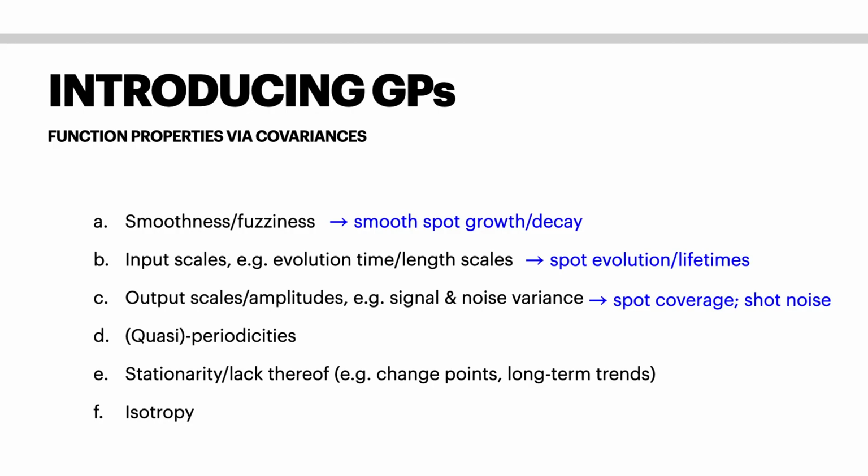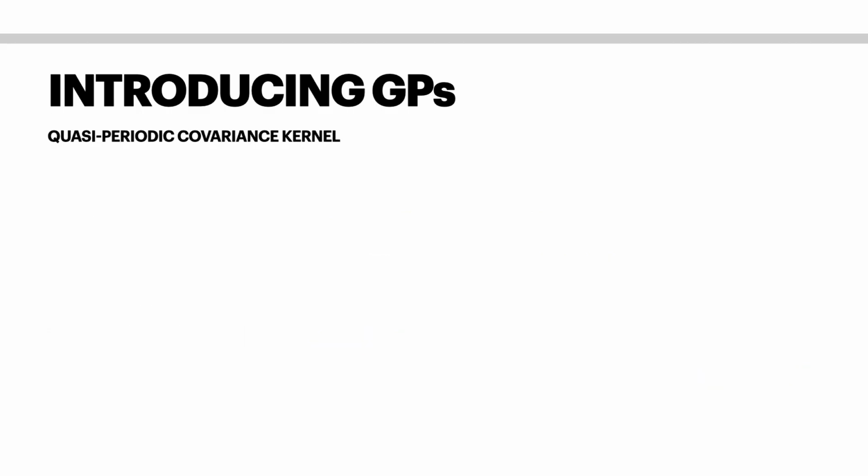The fraction of a star's surface covered in spots will influence the amplitude of activity signals. Stellar rotation combined with spot evolution will give rise to quasi-periodicities, and long-term magnetic cycles could lead to long-term RV trends. In other words, we can use physics to inform our choice of covariance function, and we'll be able to get physical information back out of the hyperparameters we end up fitting.